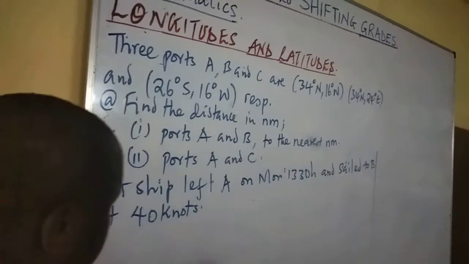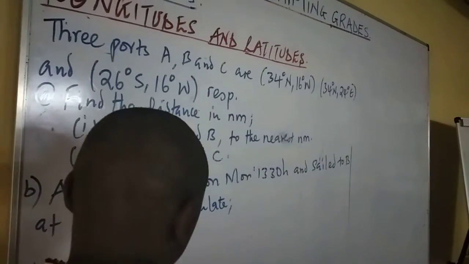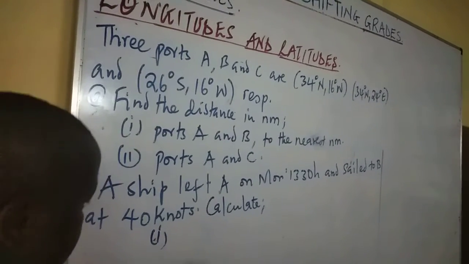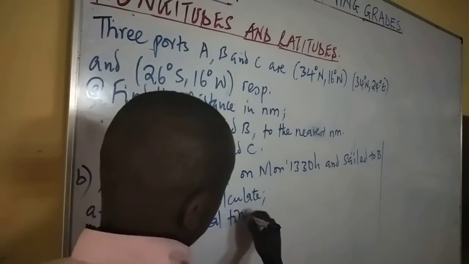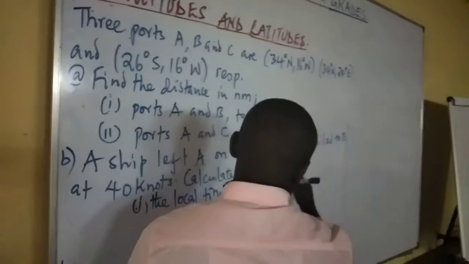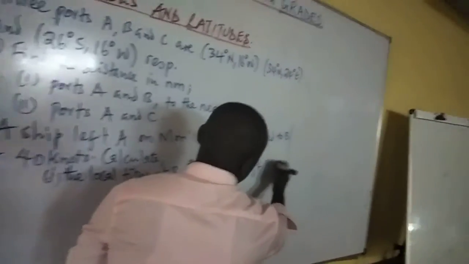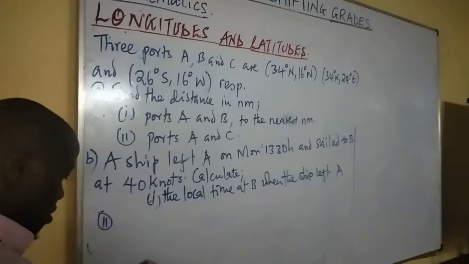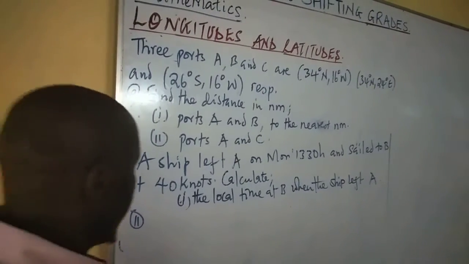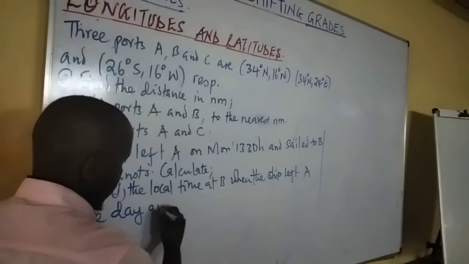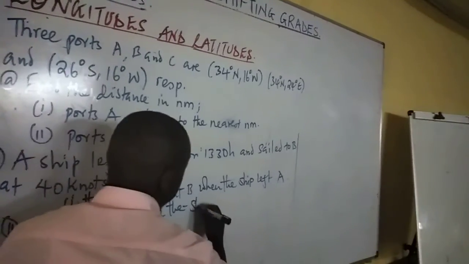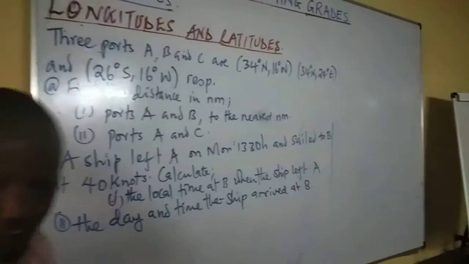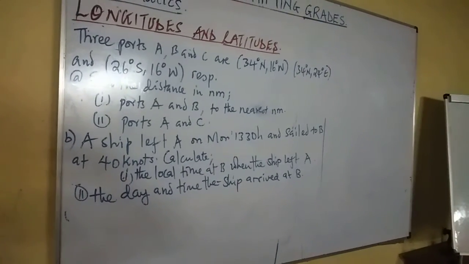That is speed. Calculate, part 1 of this question, the local time at B when the ship left A. Then Roman 2 of the same question, the day and time the ship arrived at B. So that is the question.